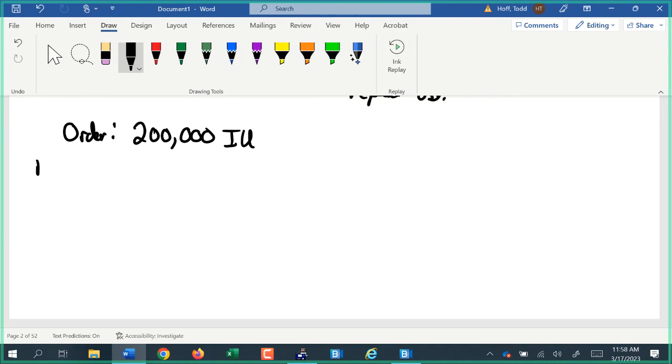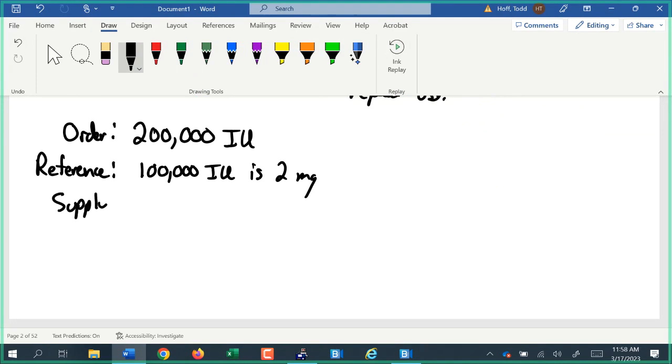So we might look up in a reference of some sort that tells us for that medication, 100,000 international units is 2 milligrams. And then if we look at the supply on the bottle, it is constituted at 8 milligrams in 5 milliliters.